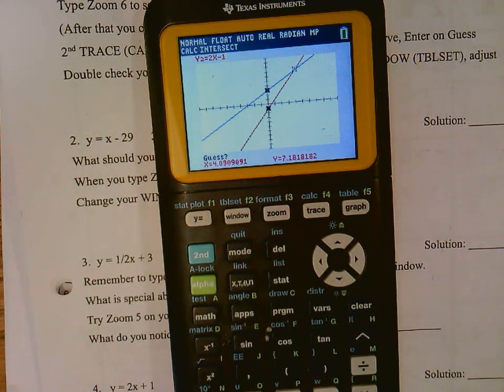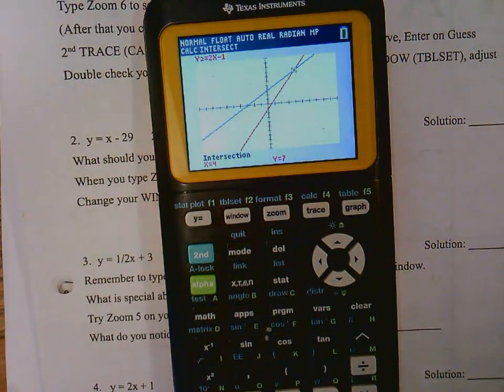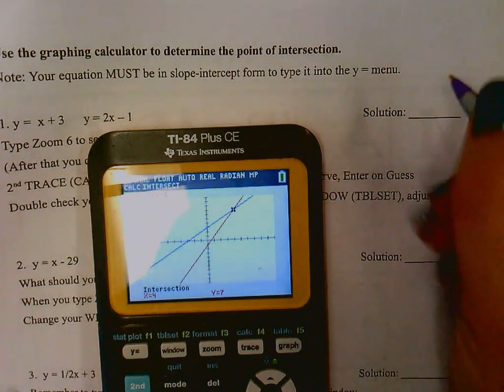And it says, is this your guess? Yeah, that's my guess. So I hit enter a 3rd time, and it's going to tell me that is the intersection point 4, 7. So it's another way to use technology to figure out where the graph's intersection point is. So your solution for number 1 is 4, 7.